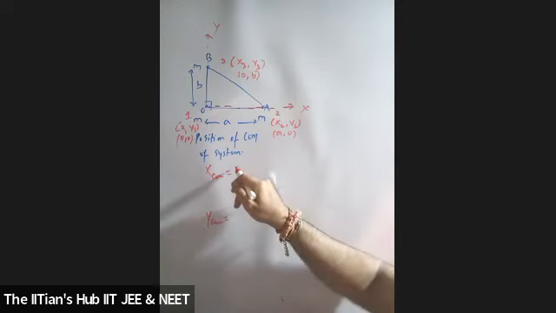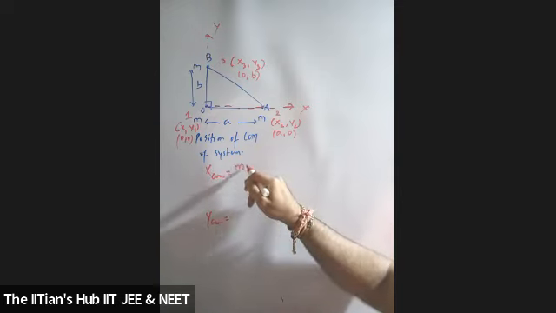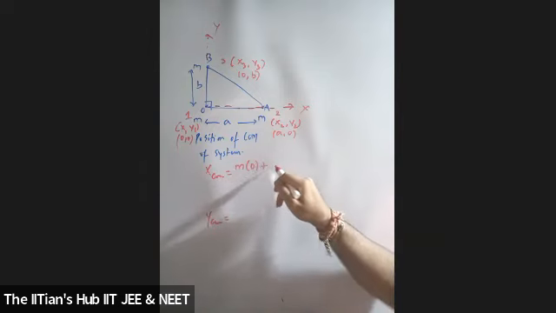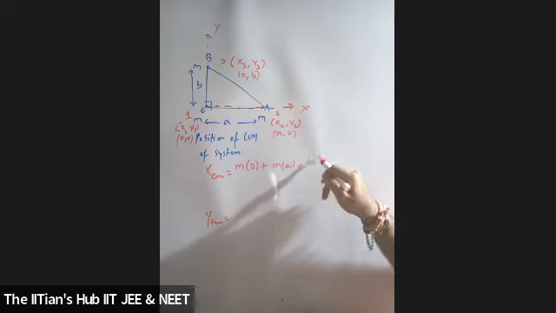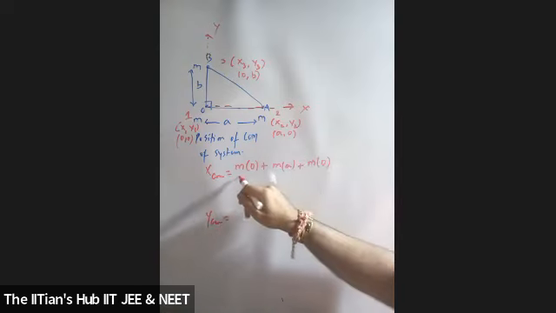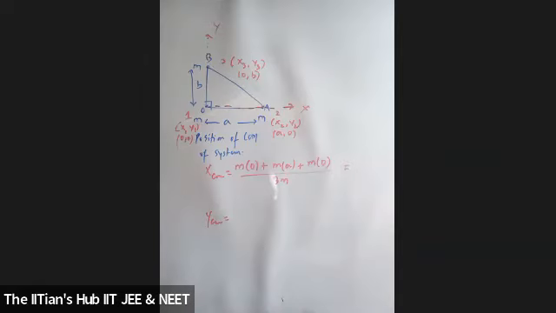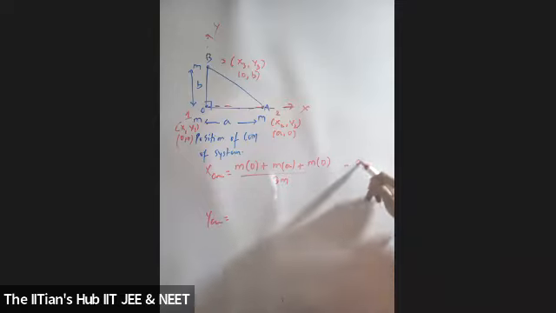XCOM is M into X1 plus M into X2 plus M into X3 upon 3M. So this answer you'll get as A by 3.